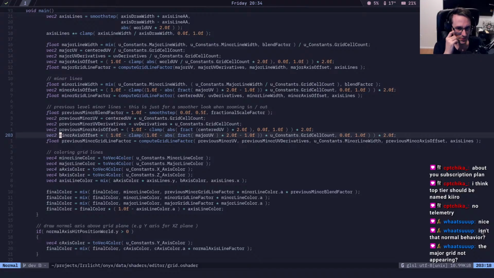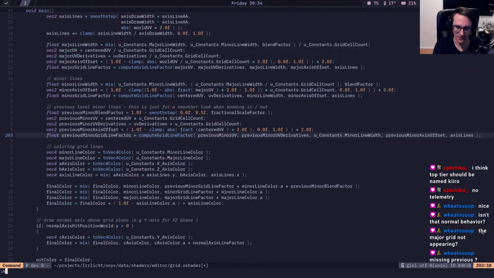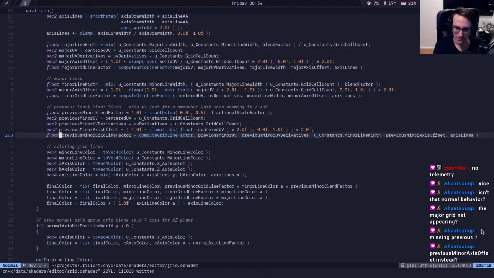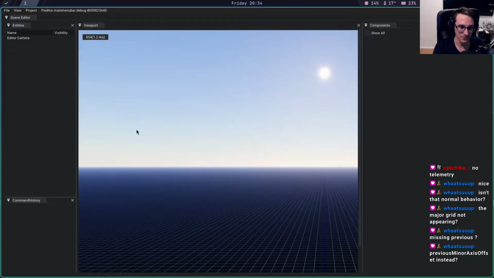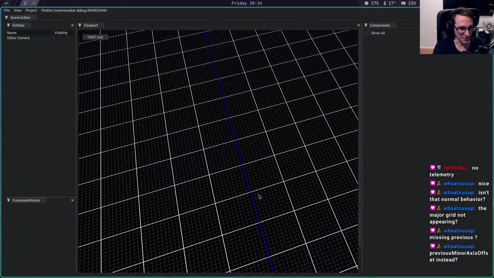Why do I have that 2 times? I think that's useless. I think that's a copy paste. Yeah, I think it's this one, right? I'm not sure. I think I copied it and then I copied the line and probably didn't remove it. Okay. So now we see that, and that's fine.